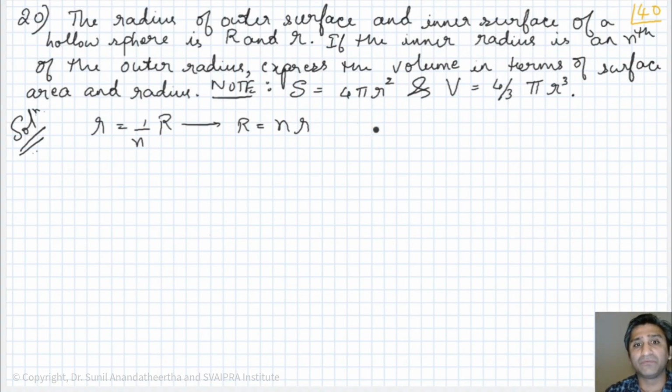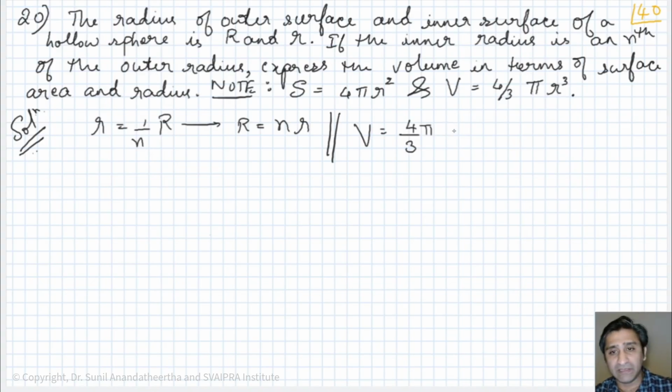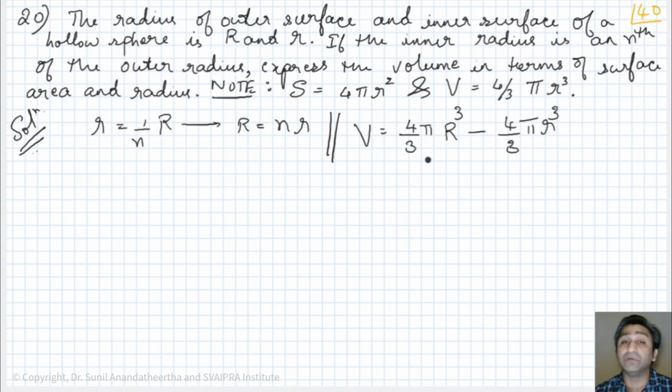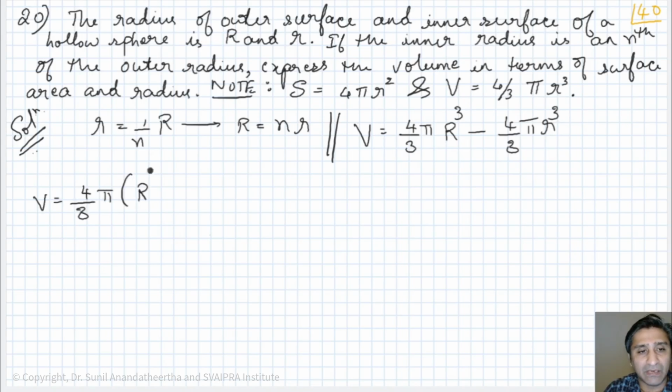Let's first find out what the volume is. The volume of this hollow sphere is quite simply 4 by 3 pi capital R cubed, minus 4 by 3 pi r cubed. So the volume is essentially 4 by 3 pi, R cubed minus r cubed.